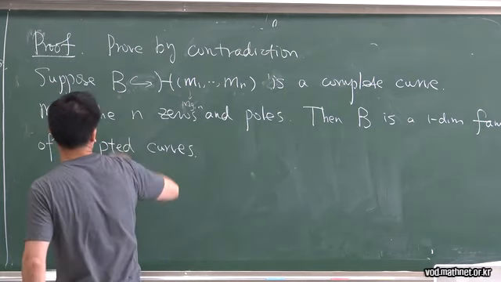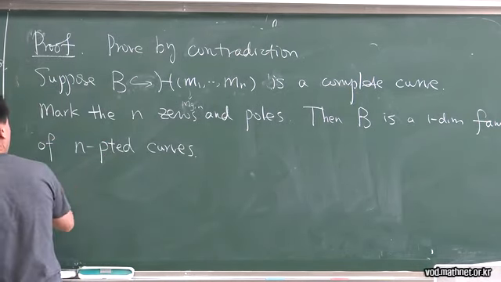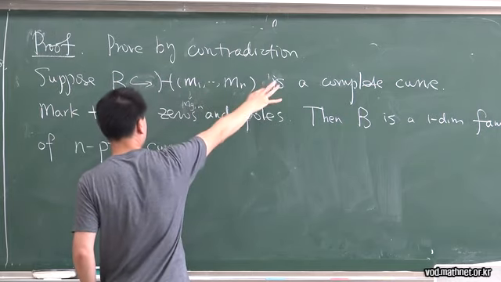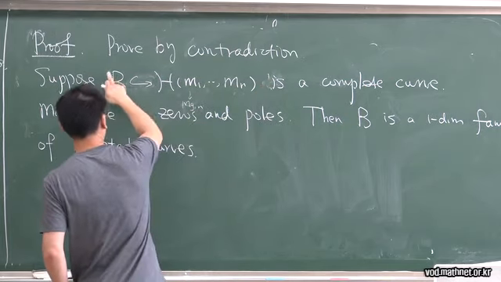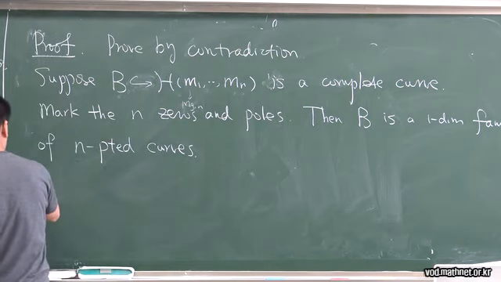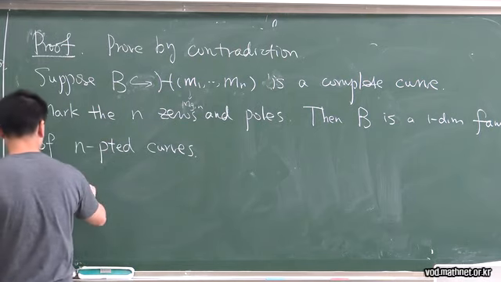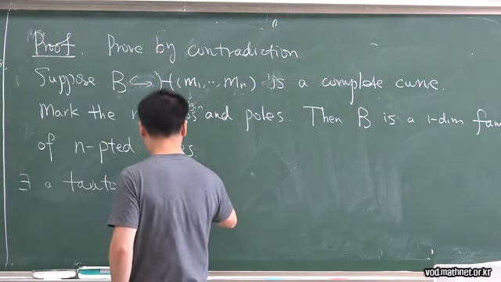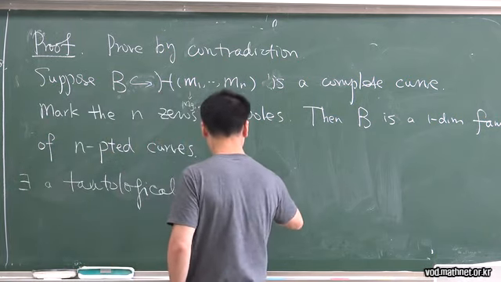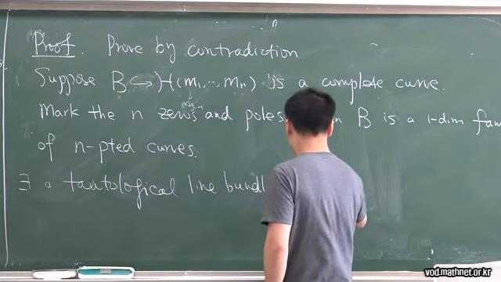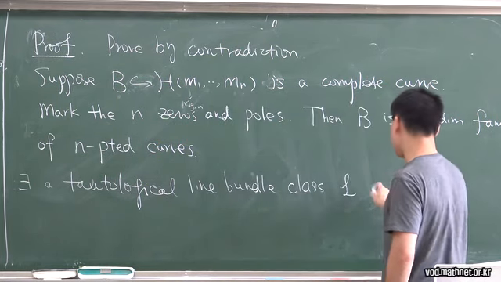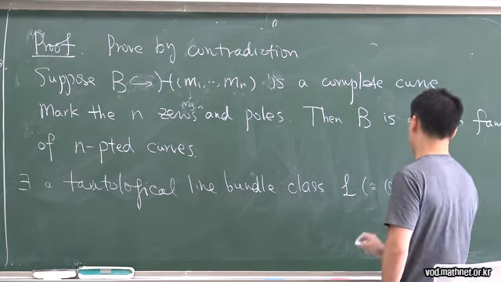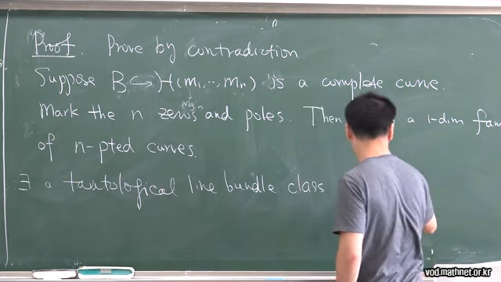So there actually is a tautological class on the Hodge bundle, and also on each stratum, and also on B. So there exists a tautological line bundle class. Let me just call it L. In better notation, this is O(-1) on the stratum or on B.